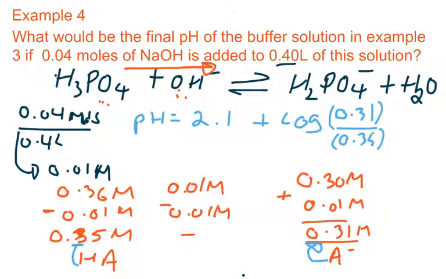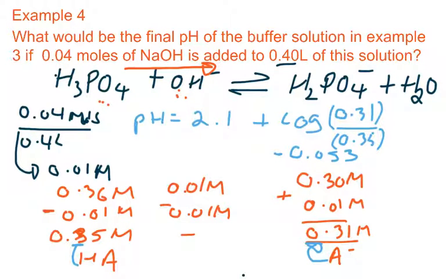Okay, let me see. Log of 0.31 divided by 0.35. And that gives me what? Negative 0.0527. Okay, for argument's sake, I'm going to round it a bit to negative 0.053.